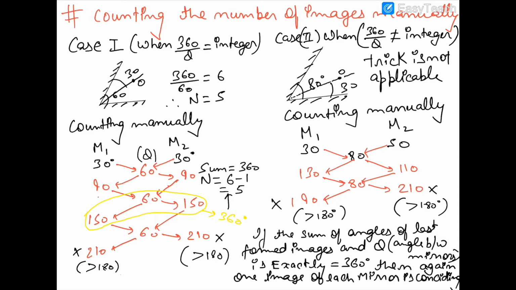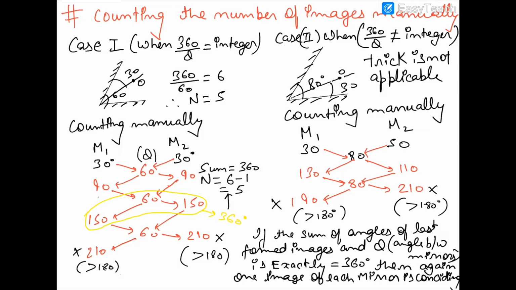But when 360 by theta is not an integer, then that trick is not applicable. So I am taking a case in which 360 by theta is not an integer, and hence I have taken the angle between these two mirrors to be 80 degrees. And we know that 360 by 80 is not an integer, it is something around 4 point something.